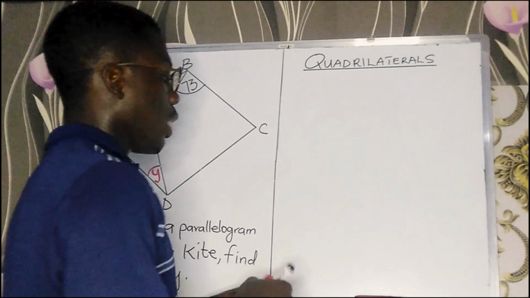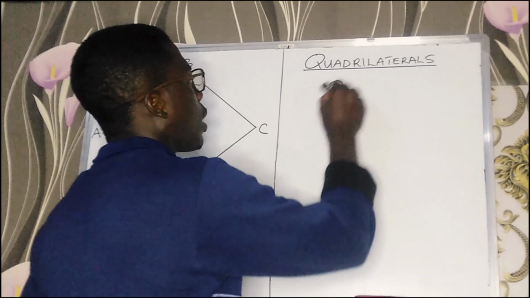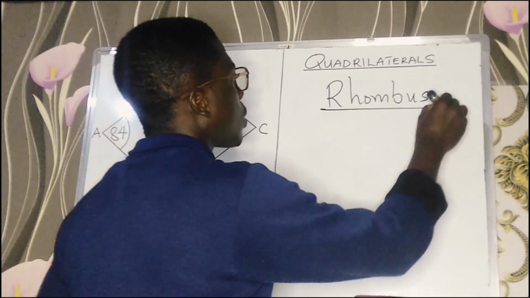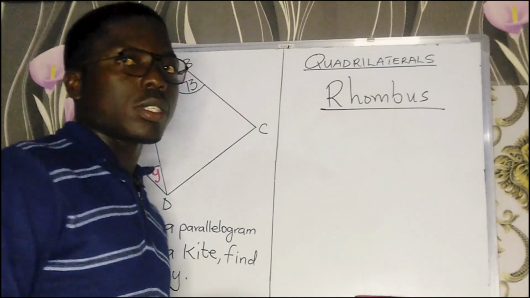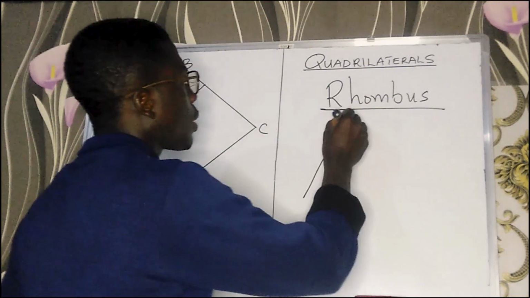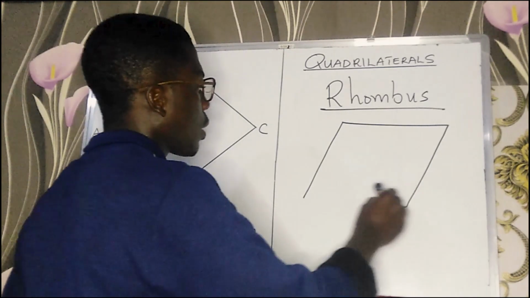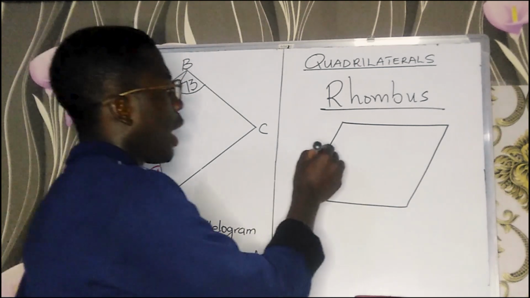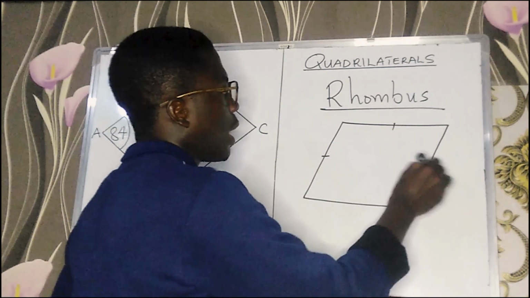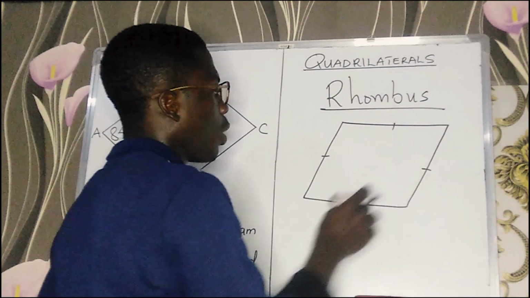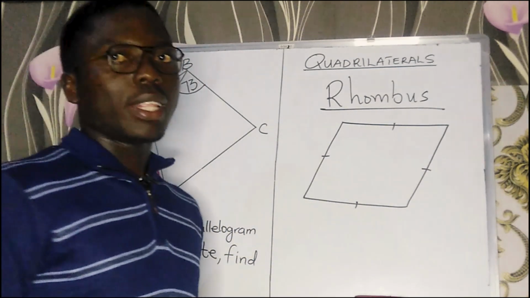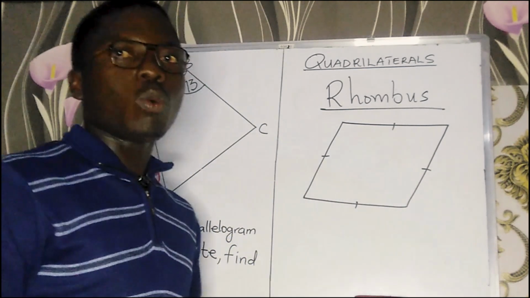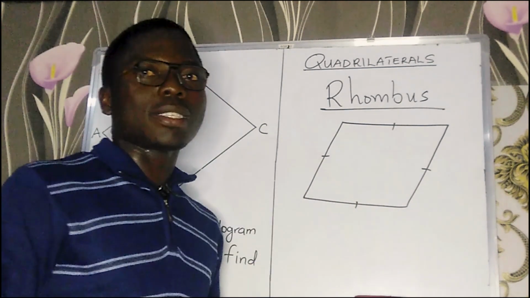So, our next type of quadrilateral is the rhombus. We have the rhombus on the board, and it has some common properties with the square. The common property is that all of its sides are equal in length.